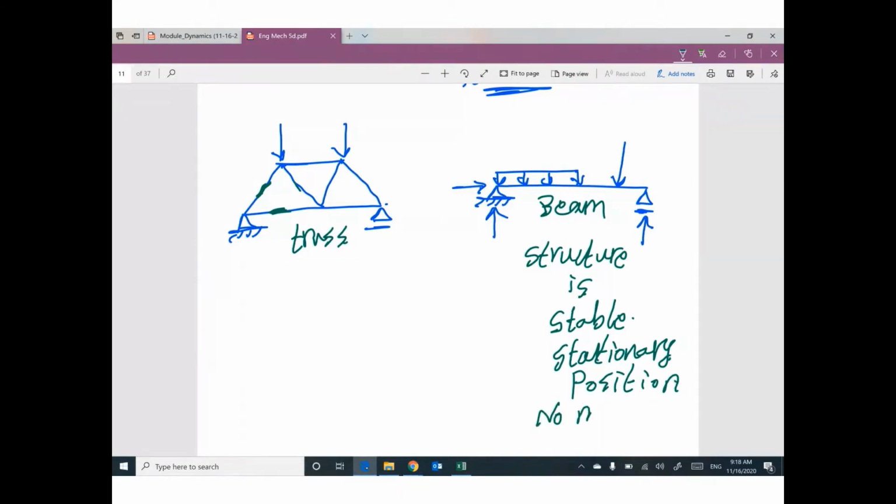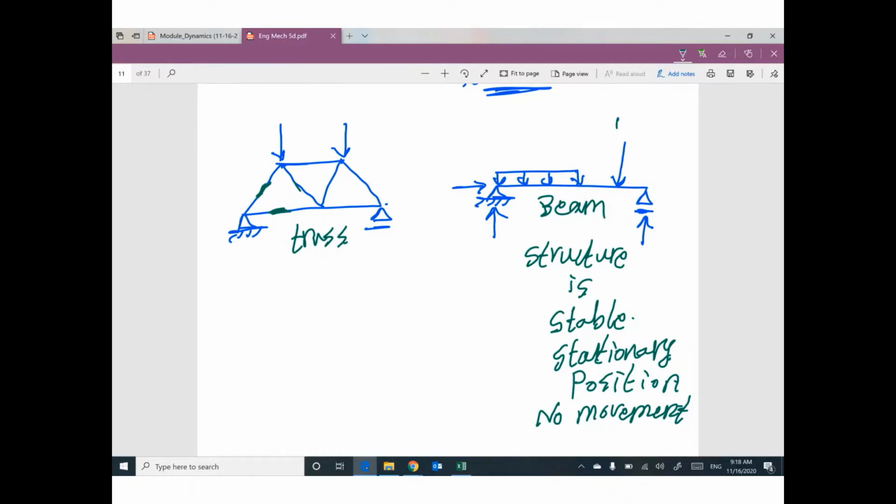No movement. When I started to solve this problem until this point, until today, until the end of the semester, until the end of the life, the structure is stable, no movement, in a stationary position.